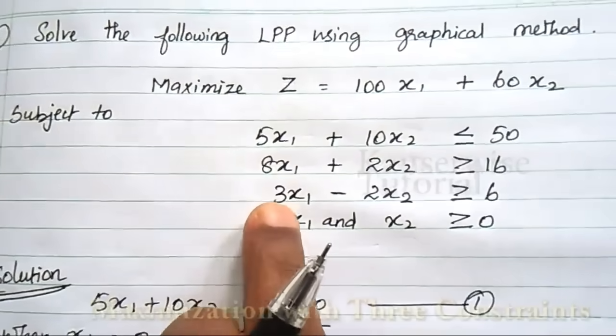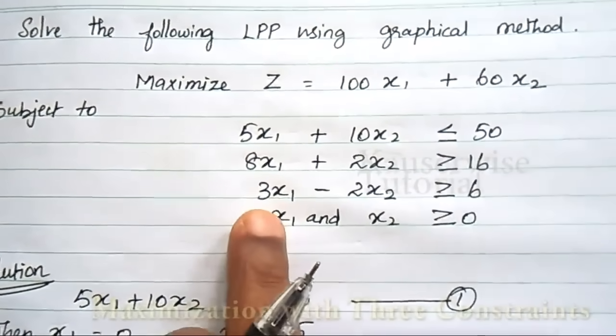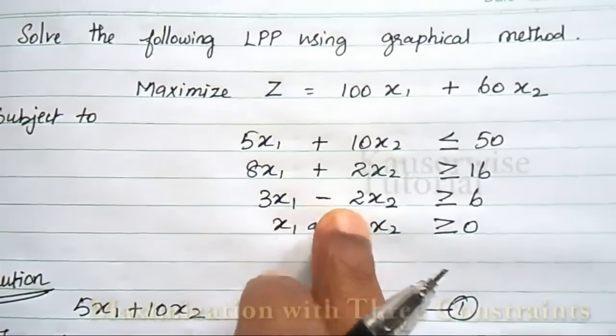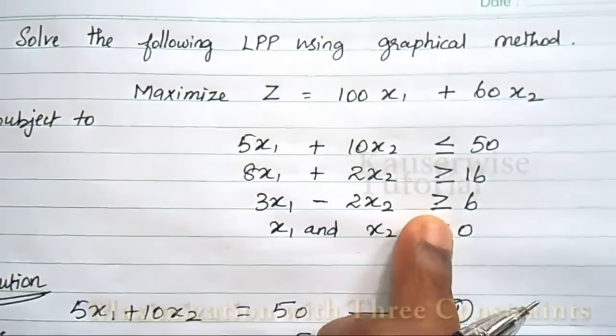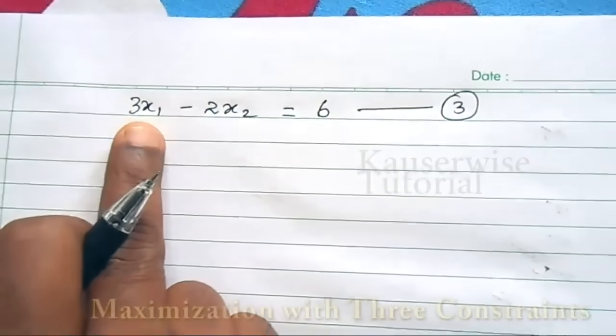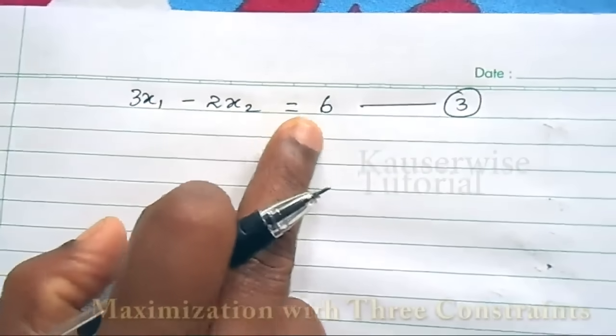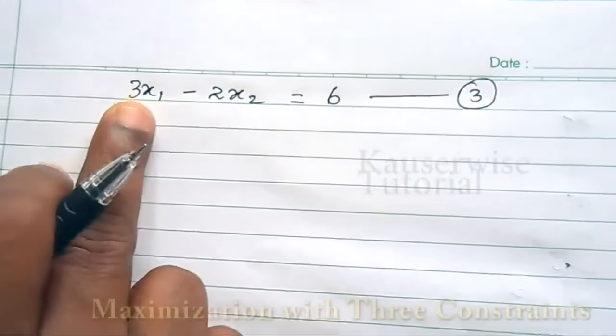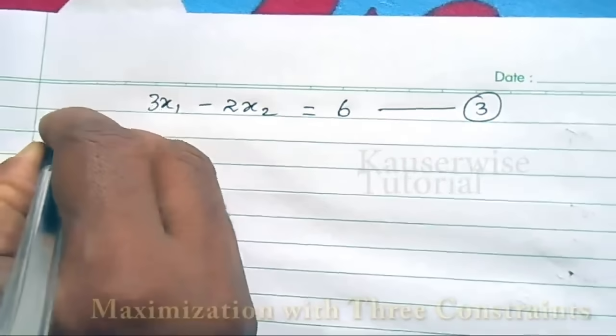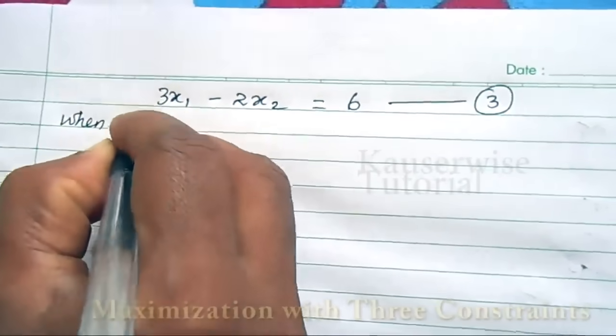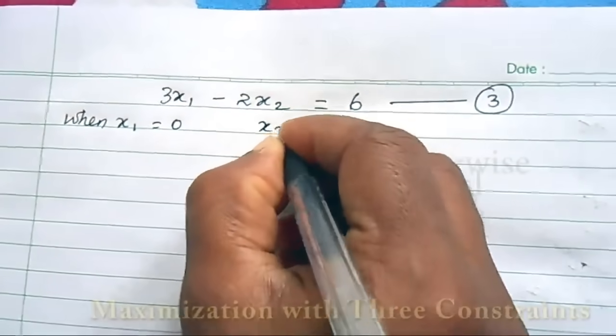In the same way, find the value for the third equation also, that is 3x1 minus 2x2 greater than or equal to 6. 3x1 minus 2x2 is equal to 6. So find the value for x1 and x2. When x1 is equal to 0, what is the value for x2?